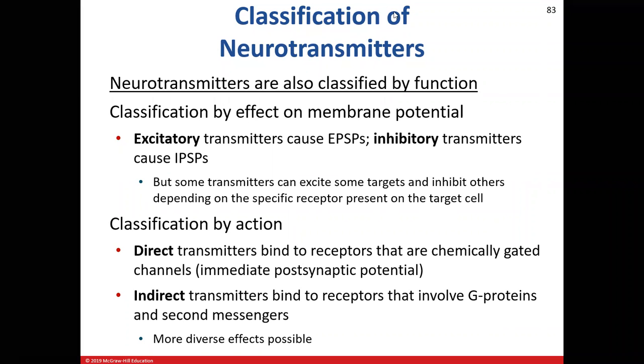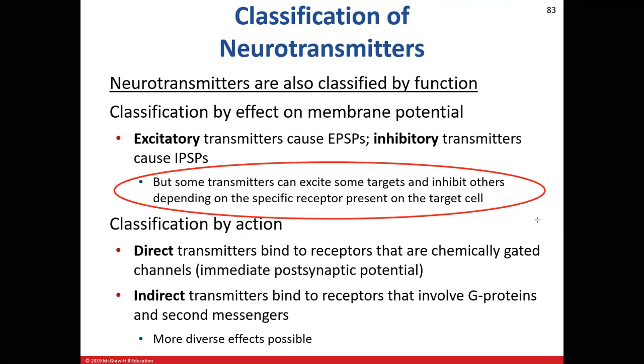Now, you'll notice that we have this statement underneath it. Some neurotransmitters can excite some targets and inhibit other targets, depending on the specific receptor present on the target cell. So they can have multiple functions depending on the cell that they're trying to target.